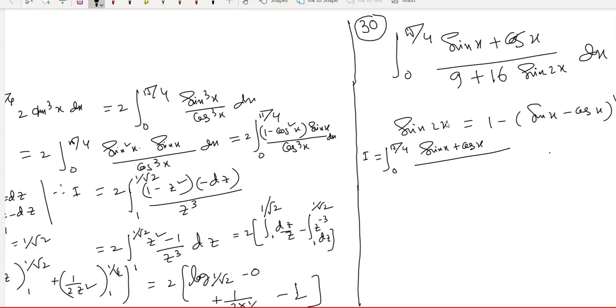this divided by 9, and then the remaining part also there, 16 into this thing will be there.